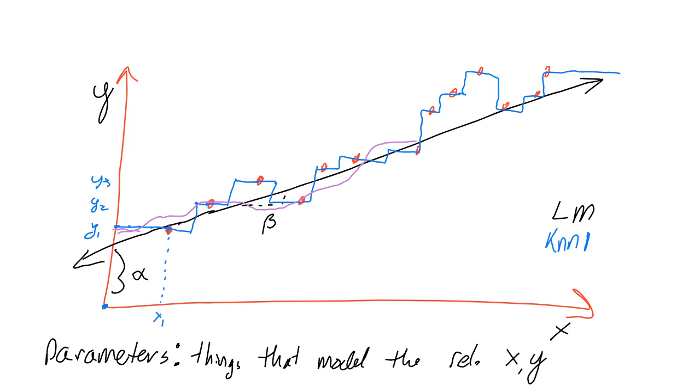But the same idea is that at this position of the line, it's taking the average of these three nearest points for its prediction. At this position of the line, it's taking the average of this point, and that point. At this position of the line, it's taking the average of this point, that point, and that point.